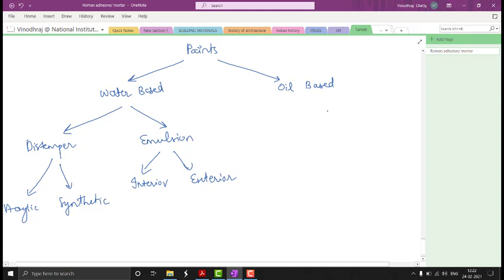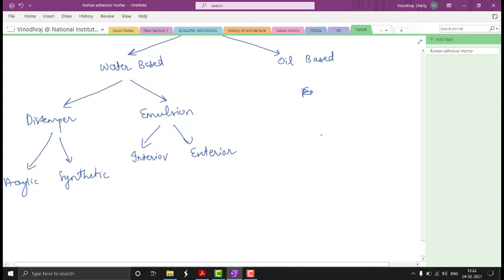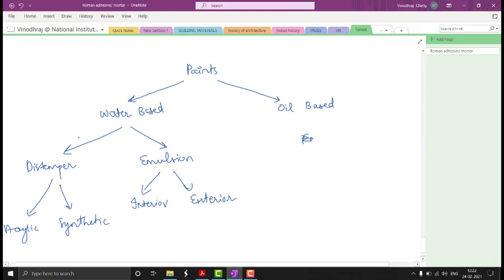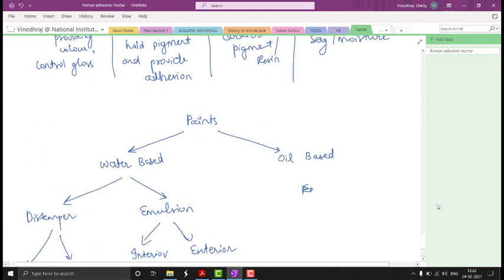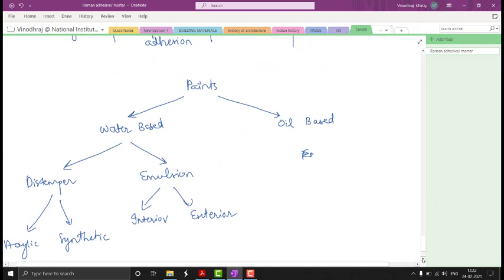And then there are oil based paints, mostly oil paints, which are used where metals are painted to avoid rusting, right? So that is basically oil based paints. Okay, so we need not go through all those things in detail. I think this much will be enough if you mainly remember this part: pigment, resin, solvent and additives.